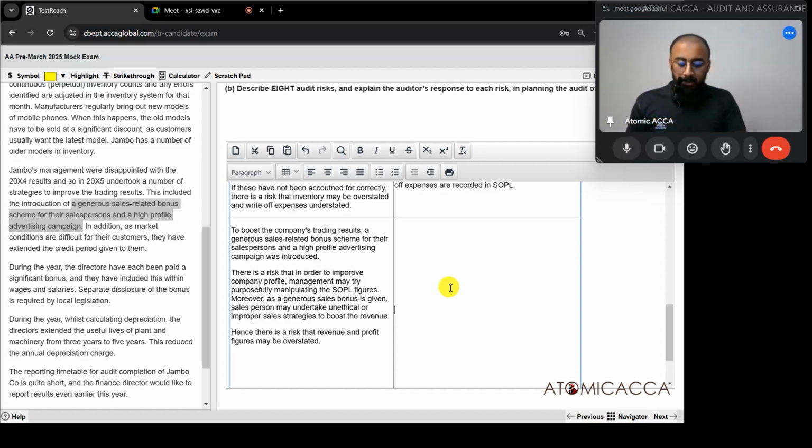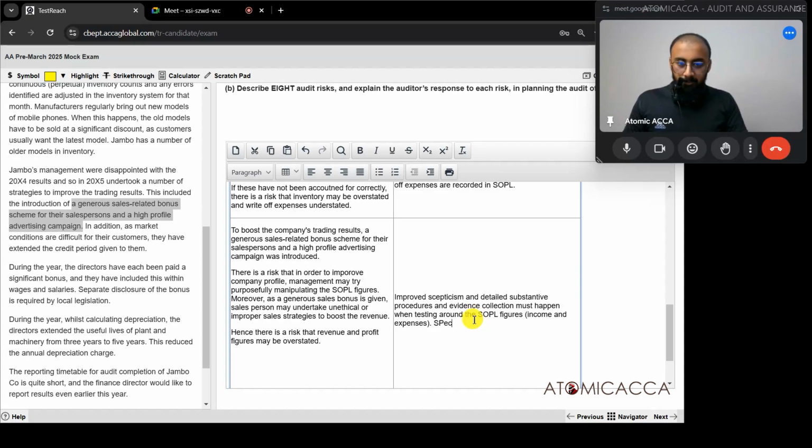One thing, improved skepticism and detailed substantive procedures and evidence collection must happen when testing around the SOPL figures, that is income and expenses.